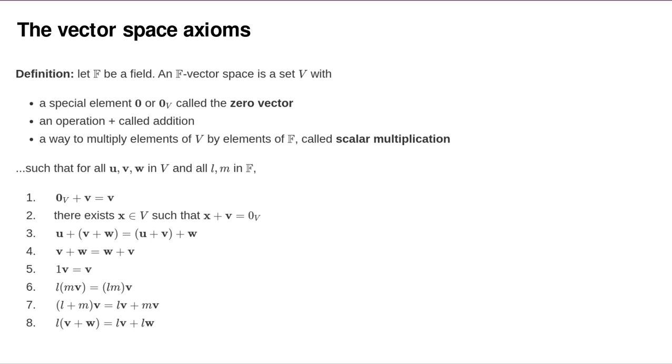Okay, now we're ready to define a vector space. So informally, a vector space is a set which has an addition and a scalar multiplication by some field and a zero vector which obeys the usual rules of vector algebra. But what we have here is a formal definition for vector spaces which captures that basic idea. So here it is.